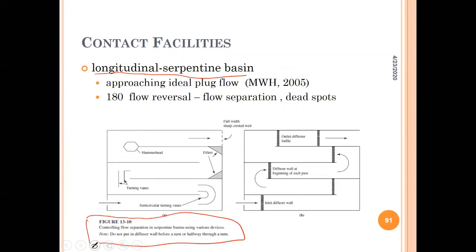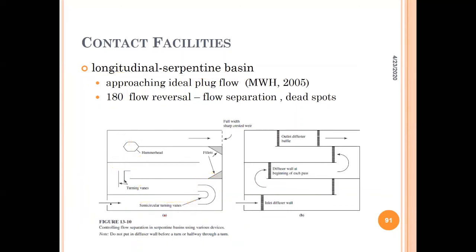So you see in this figure, water is traveling. When water turns, we want this reactor to act as an ideal plug flow reactor. When the water turns, mixing will occur here, so we don't want mixing to occur.